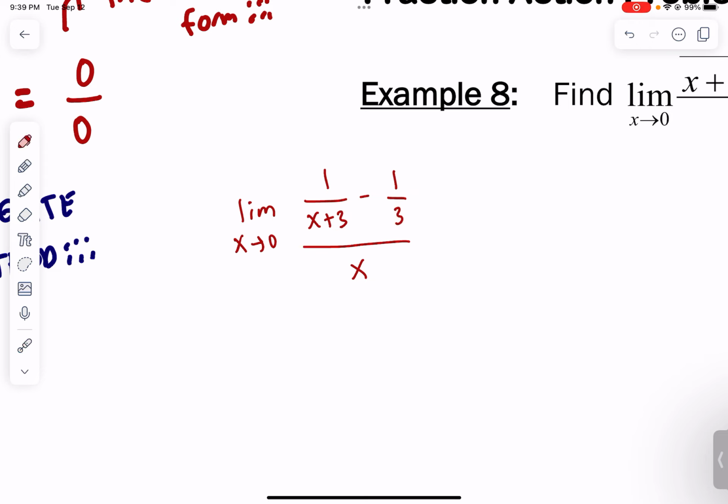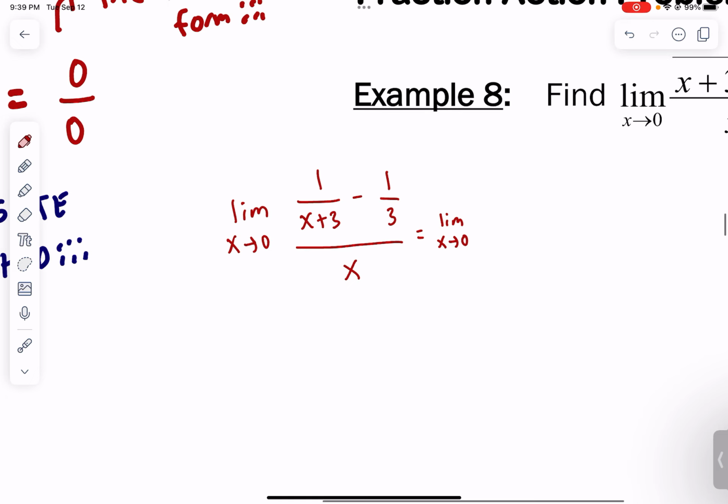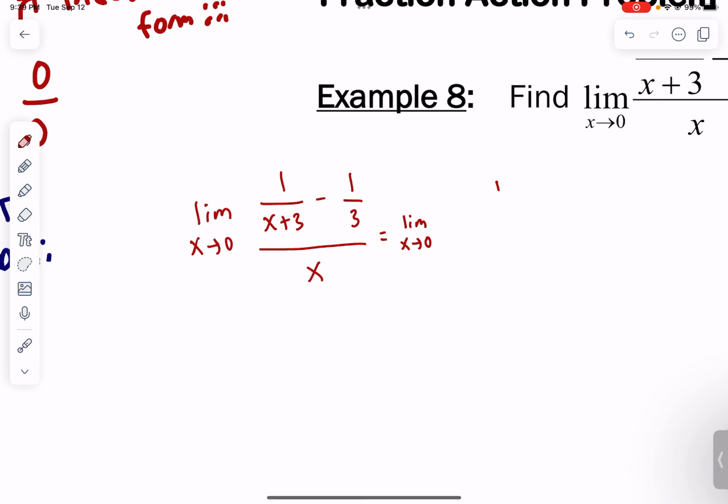So in order to do that, I'm just going to rewrite this as limit as x approaches 0 of, I'm going to add more space to this, so 1 over x plus 3 minus 1 over 3. All that is over x.